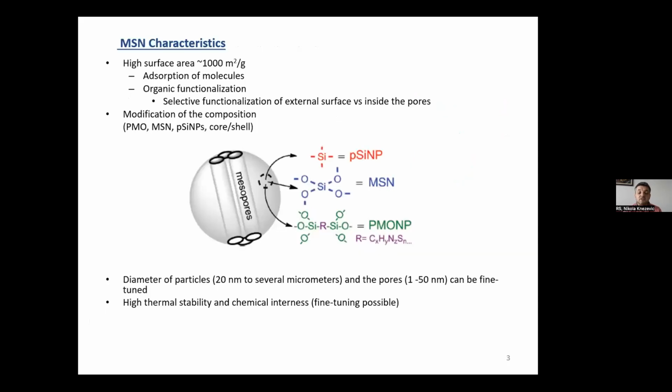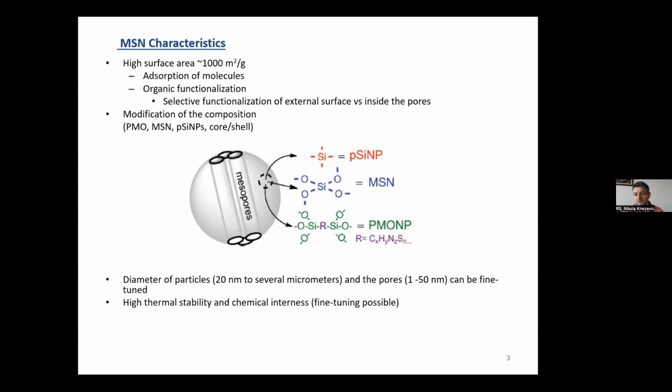The characteristics of this material are very well suited for different applications. I will talk more about health applications, but you can use this high surface area for adsorption of molecules, for organic functionalization, and for selective functionalization of the outside versus the inside surface, etc. You can have different compositions. I will not talk about silicon nanoparticles, and I actually worked with some with Frederic before in Montpellier, but I will talk more about silica MSNs and PMOs, which have bridging organic moieties within the silica.